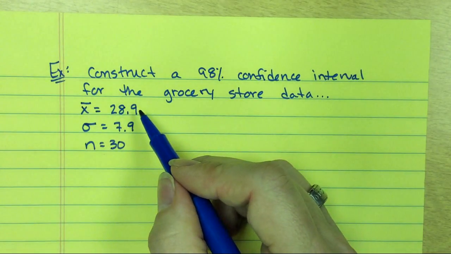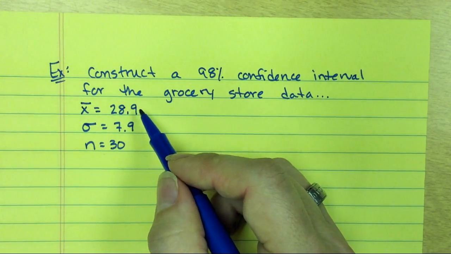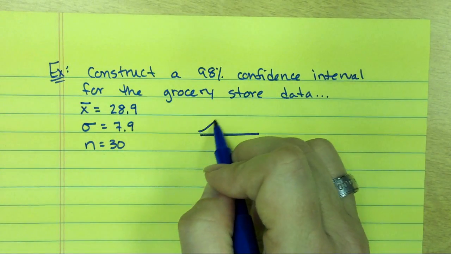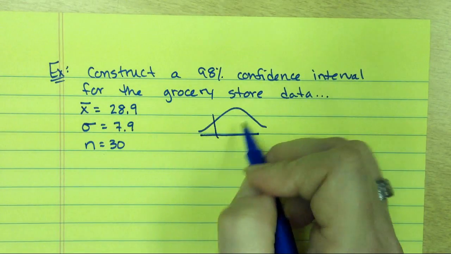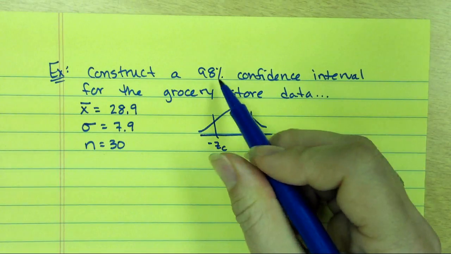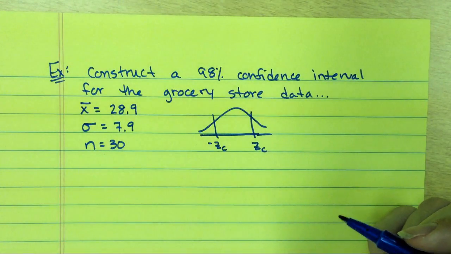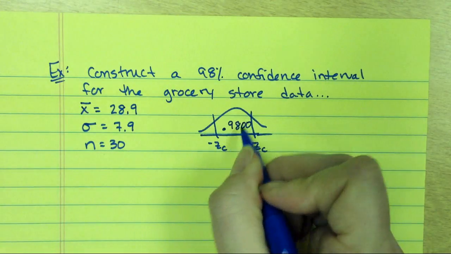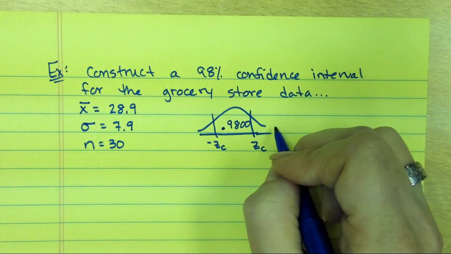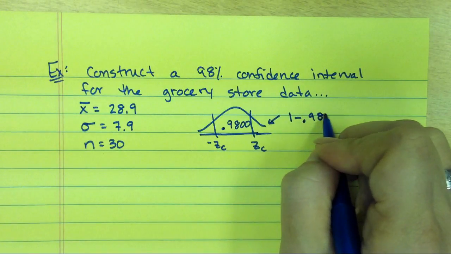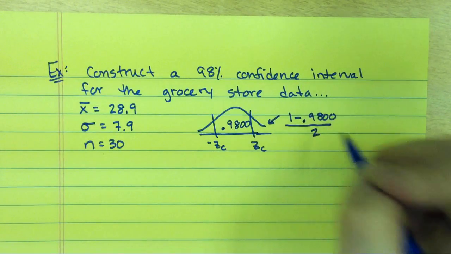So our step 2 was to find the sample mean. Step 3, we have to find the critical values. So when we're looking for those critical values, remember we've got z sub c, negative z sub c. Our confidence interval is 98%, so we're going to have 0.9800 in the middle here, which means that each of these sides is going to have 1 minus 0.9800 divided by 2.